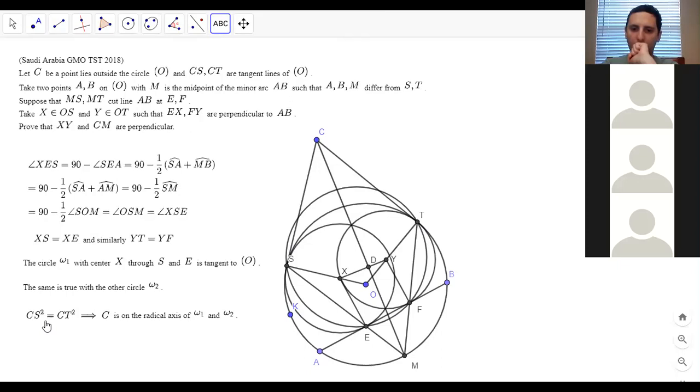We actually didn't need to use that it is cyclic because we proved that it is cyclic using that. We don't need to prove it's cyclic, just need to say that ME times MS is equal to MB squared, which is equal to MF times MT. Okay. Yeah, so M lies on the radical axis.